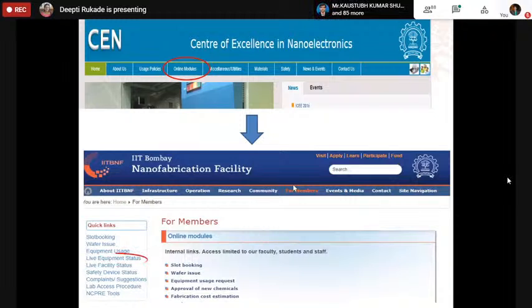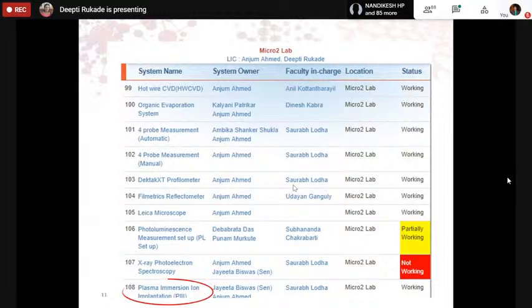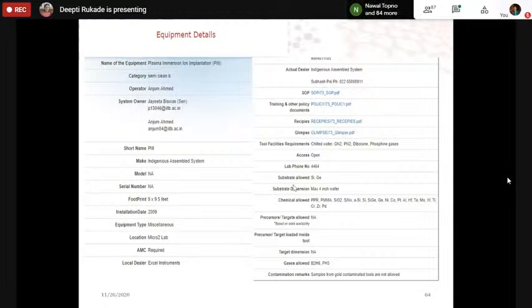When you click on live equipment status, you will see all the tools in our lab, IITBNF. If you click on any particular tool, for example plasma immersion, you will get all the details: the make, model, the person in charge, what is allowed, what is not allowed, and the contamination remarks. You need not log into anything to have access to these things. You just have to open the website.